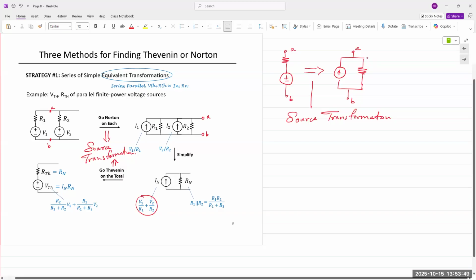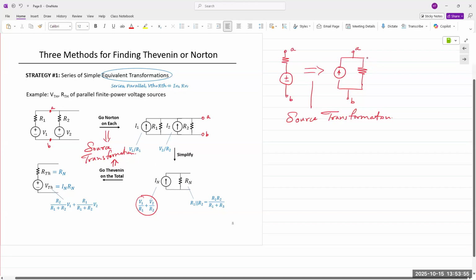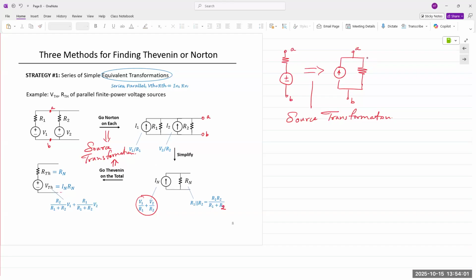And then Rn is the parallel combination of R1 and R2. And so we have that. This should be R2. And then we need to find IN times Rn. That means it's these two terms multiplied, which results in this.